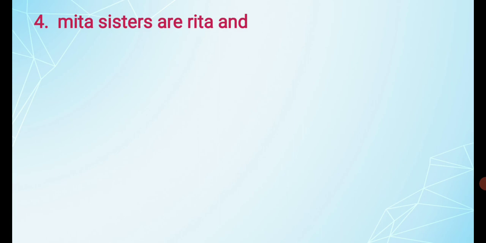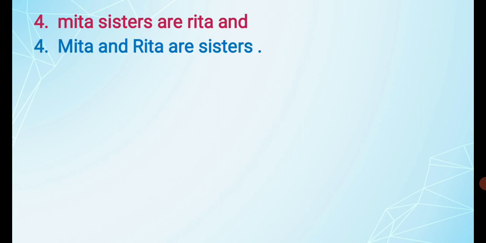Rita and Mita are sisters will also be the right answer. So in this type of situation, if there are two nouns and both can be used as the active part, you can write either one first. So what will be the answer? I have written here: Mita and Rita are sisters.